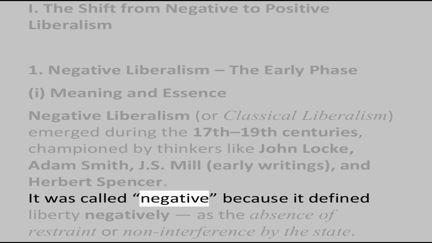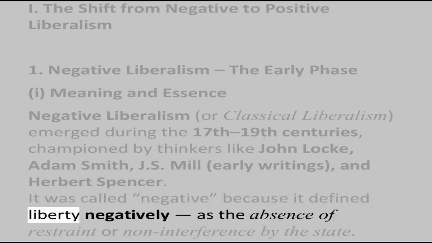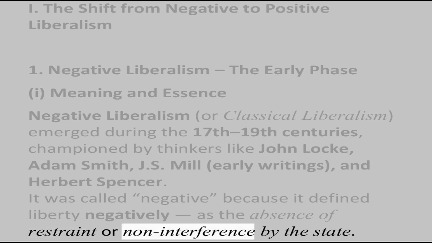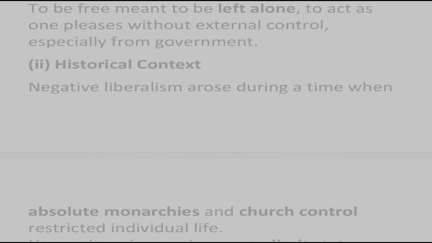It was called negative because it defined liberty negatively, as the absence of restraint or non-interference by the state. To be free meant to be left alone, to act as one pleases without external control, especially from government.